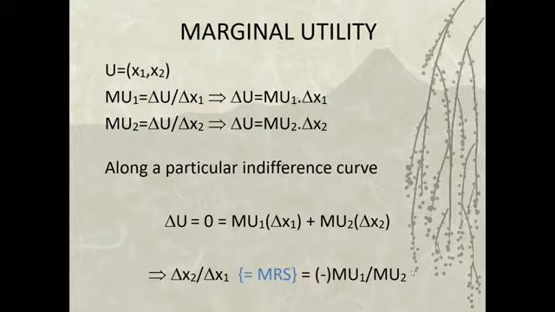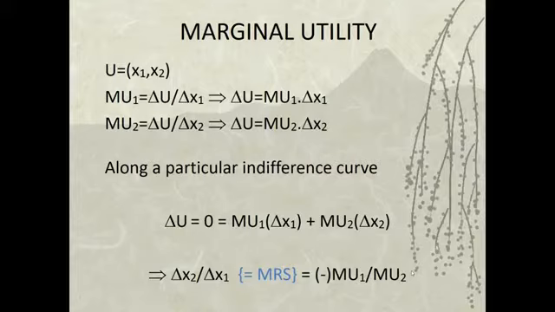commodity is also derived in the same fashion. That is, delta U by delta x2 implies that the change in utility, that is delta U, is equal to MU2 times change in x2, keeping the other things constant. That is why it is called the ceteris paribus assumption.